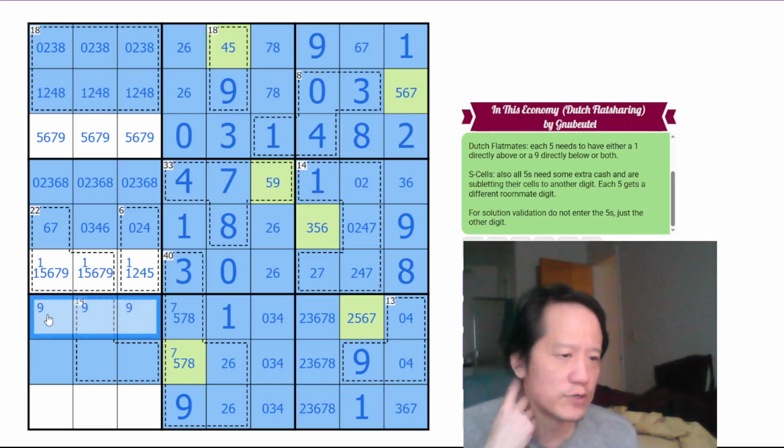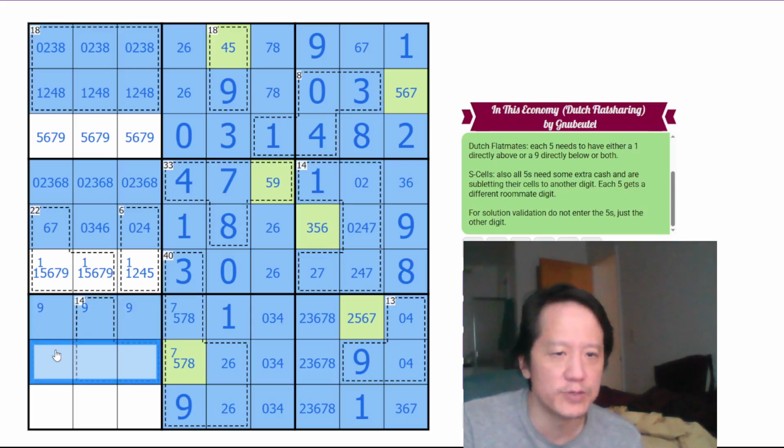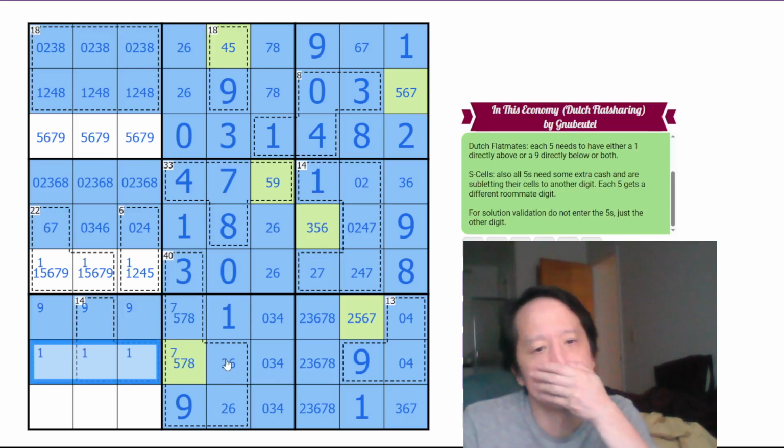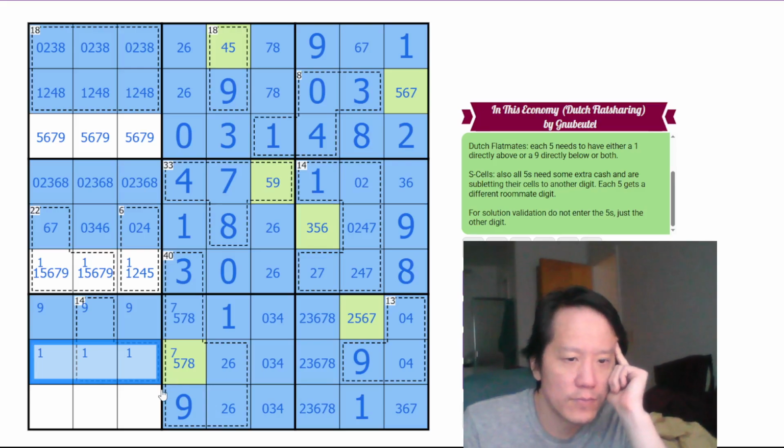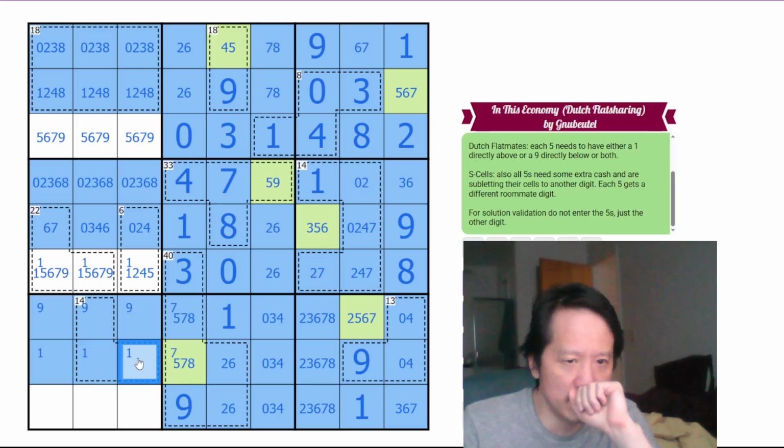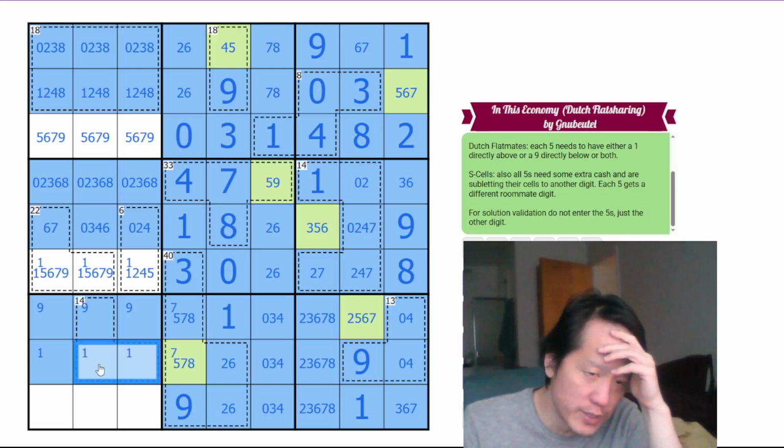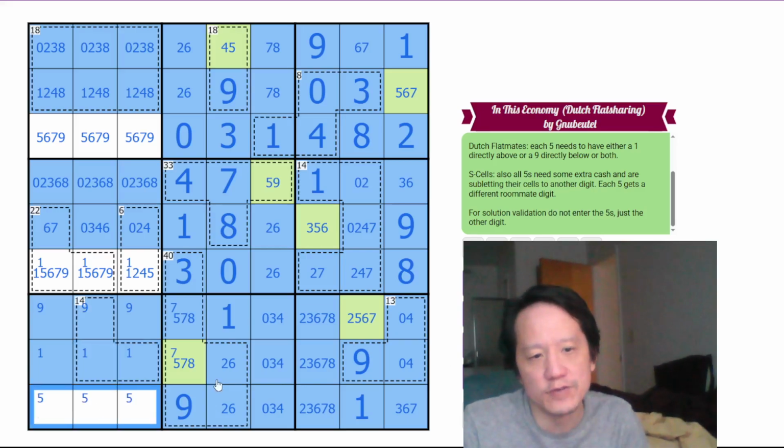9 has to be one of these 3. 1 has to be one of these 3. So the 0 could be with 5 or 9. But 5 is not here. 5 has to be one of these 3.